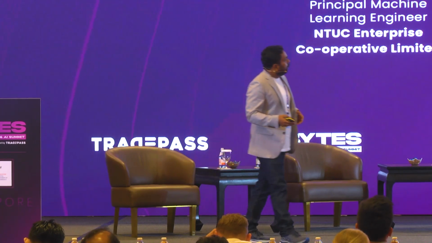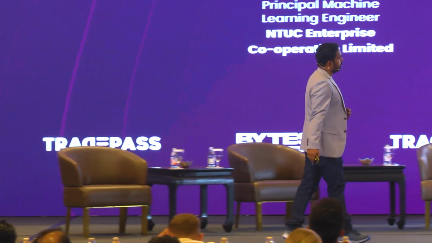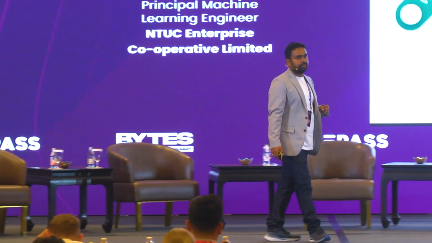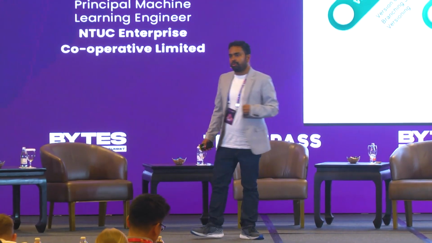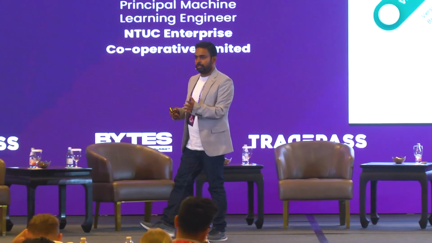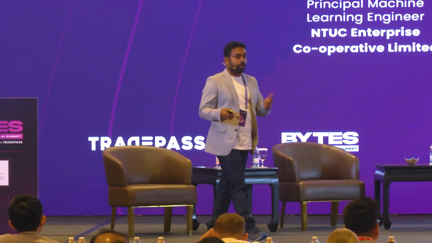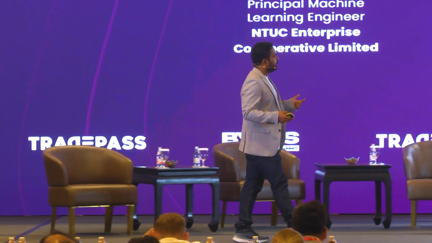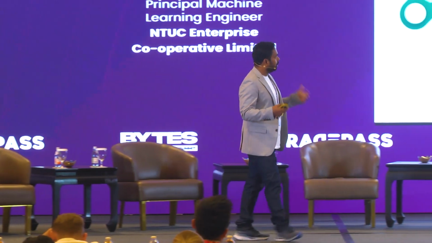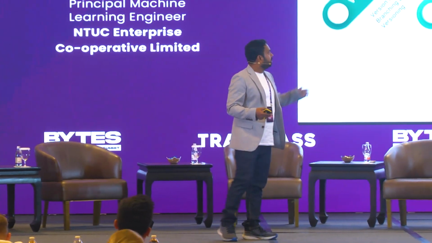A/B testing and canary releases. A/B testing and canary releases are very important when we are productionizing multiple models. A/B testing we basically perform to check which version of the model is giving better performance. So we do deployment considering A/B testing.